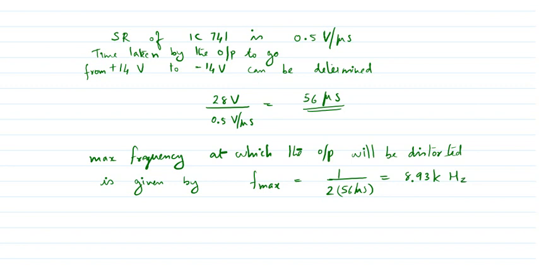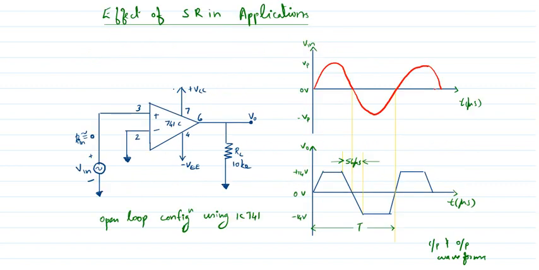Therefore at f max the output may be triangular instead of a square wave. You will see that here in the picture. The input waveform is a sine wave, and the output up to 14 volt will become a triangular shape, up to this 8.93 kilohertz f max.